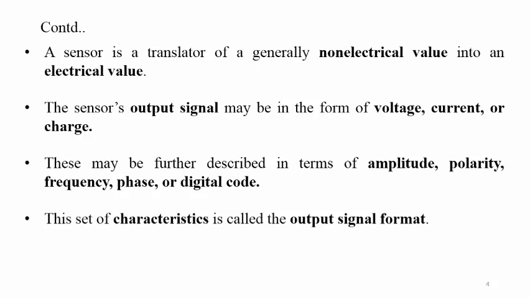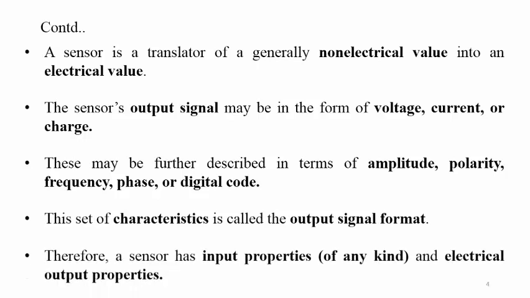This set of characteristics is called the output signal format. Therefore, a sensor has input properties of any kind depending on the application or stimulus, and electrical output properties depending on the requirement of our system.